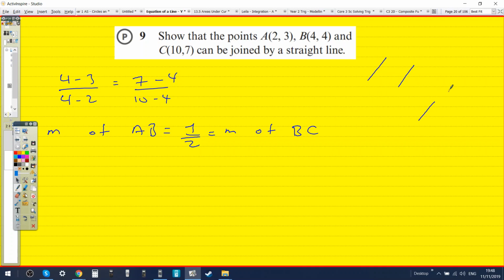How do you know it's the same straight line? Do you have to draw a graph? Or you have to find a common point. So what point do both of those line segments go through?